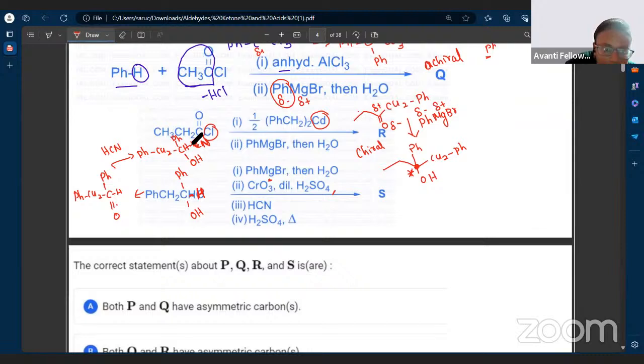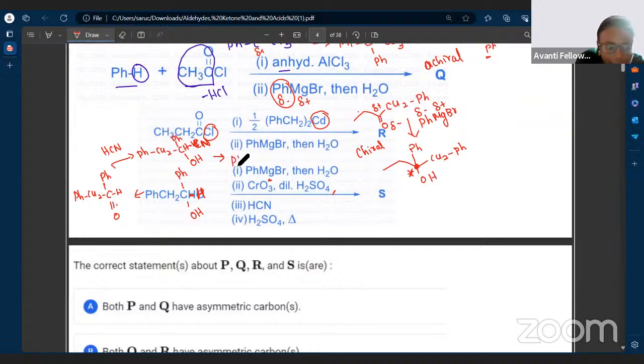Nucleophilic addition reaction happens. And then you're going to treat it with sulfuric acid. When you treat it with sulfuric acid, what will happen? There will be removal of water molecule and CN will get converted to COOH. So what will be the final product you'll be getting?